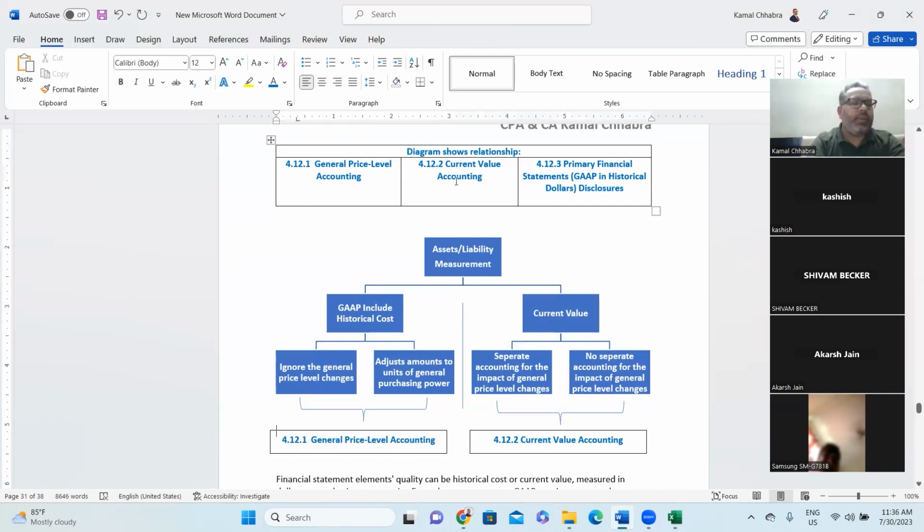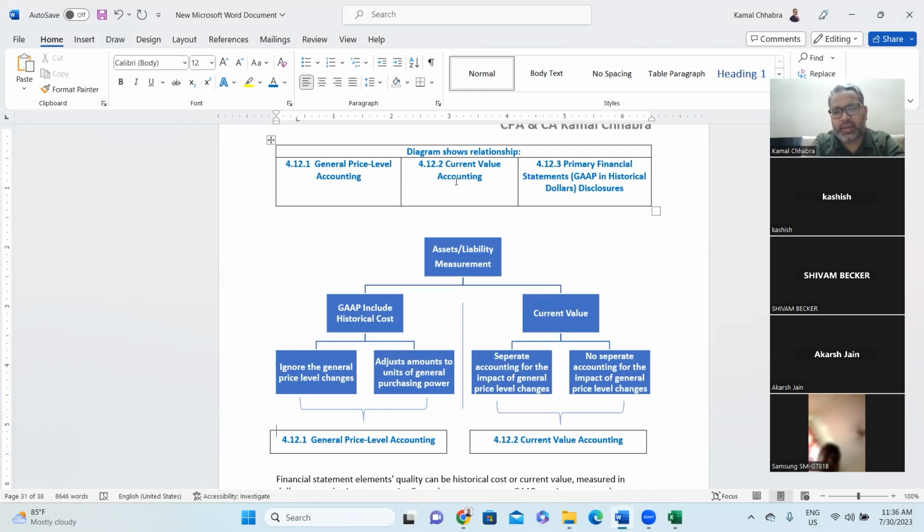So assets and liabilities you need to measure, right? If you are measuring using general price level accounting, you take historical cost as a base and then multiply it with the purchasing power index. That is one side, the general price level accounting.